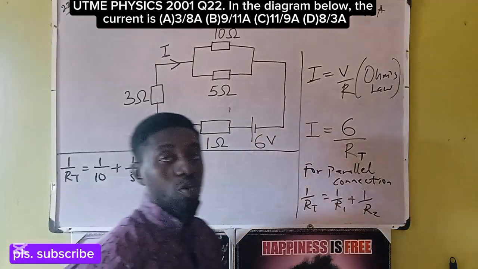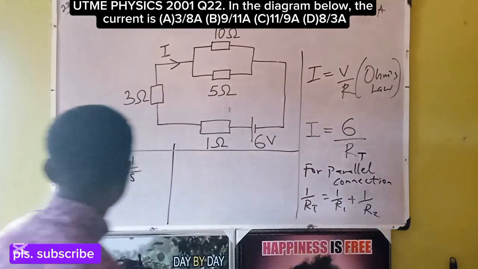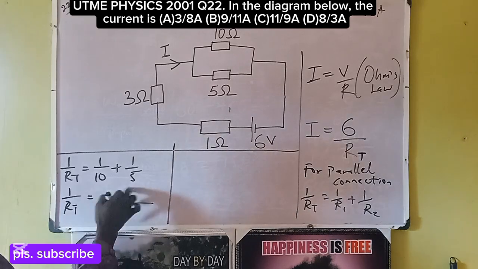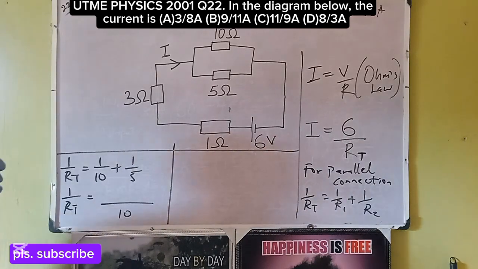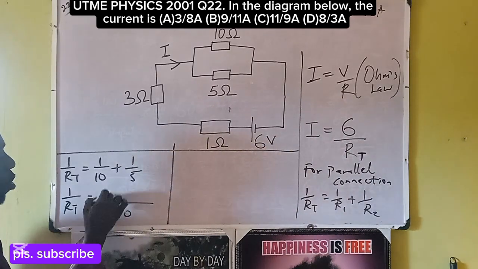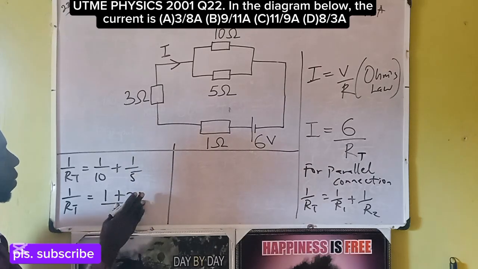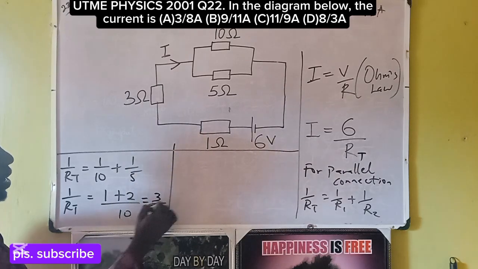Either can come first. Then 1 over RT is equal to, LCM of 10 and 5 is 10. 10 divides 10, 1 times 1, 1, plus 10 divided by 5, 2, 2 times 1, 2. We'll be having 3 over 10.